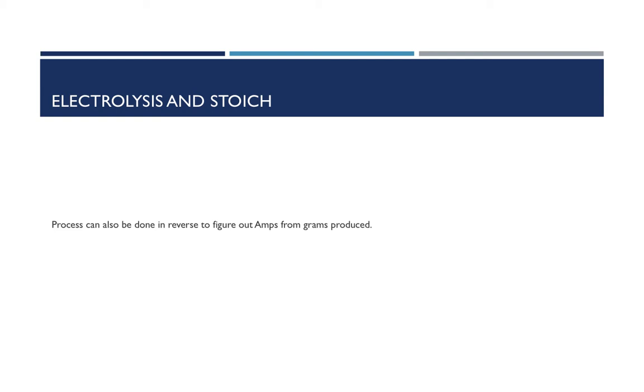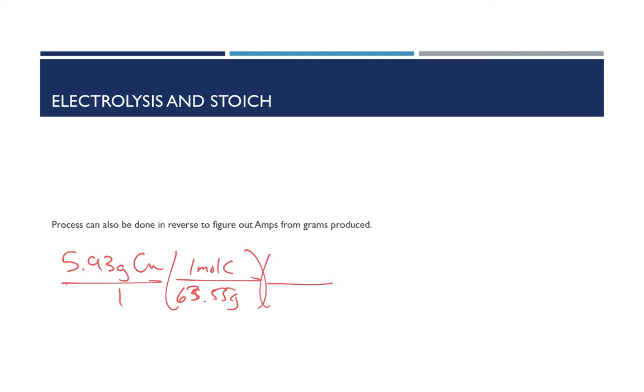So likewise, if they told us that we had 5.93 grams of copper, we could then go 63.55 grams of copper to 1 mole of copper. Then use our balanced equation. So 1 mole of copper is 2 moles of electrons.